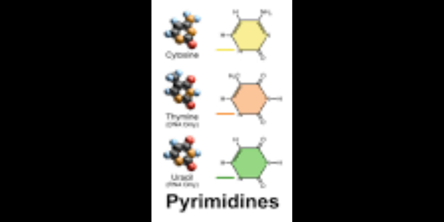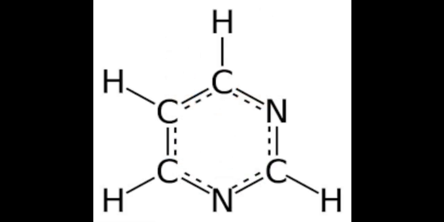It also contains a heteroatom, nitrogen, but it does not contain 2 rings. It is only a 6 atom containing compound. See this figure. There are only 6 atoms, 1, 2, 3, 4, 5 and 6. So these are the structures of purines and pyrimidines, which are nitrogenous bases present in DNA.